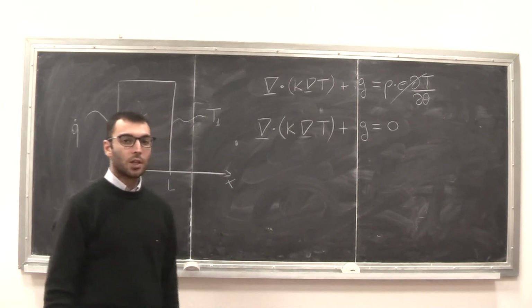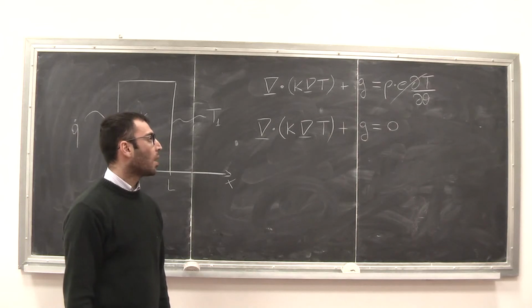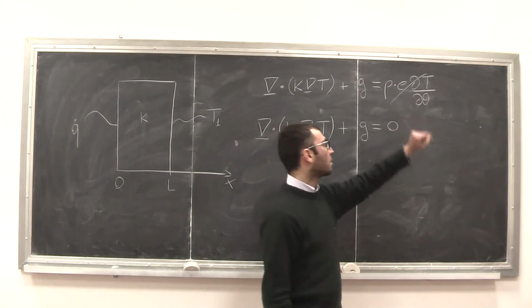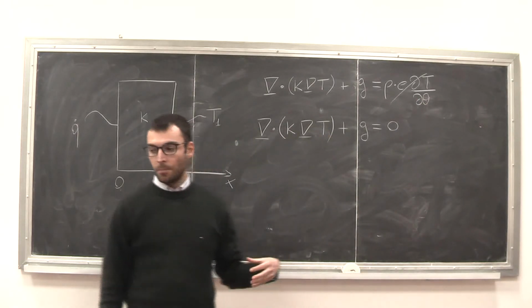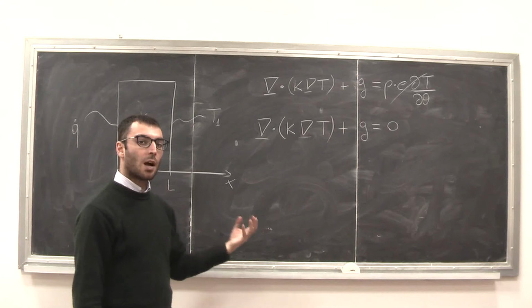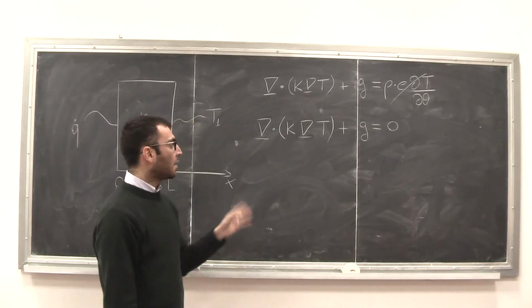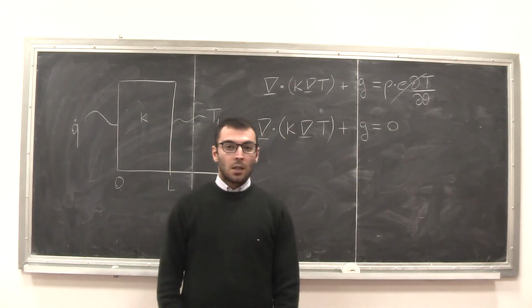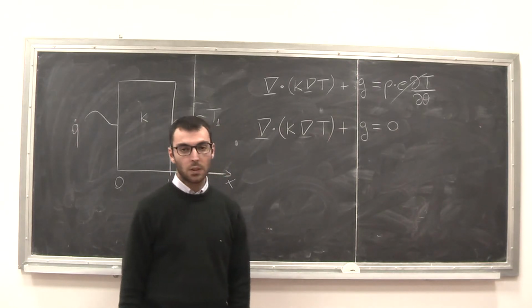So our equation is now simpler because we have a term we neglected, we deleted one term of the equation, and we reduced the number of variables on which our problem depends on, because we deleted the dependence from time. So, this is a first step in our simplification process.